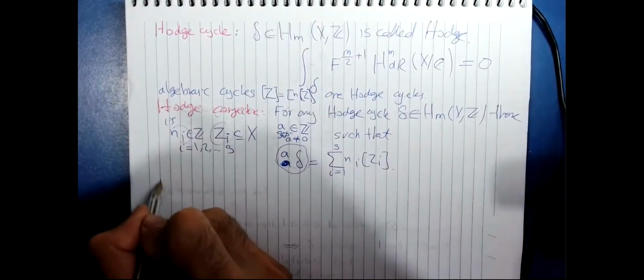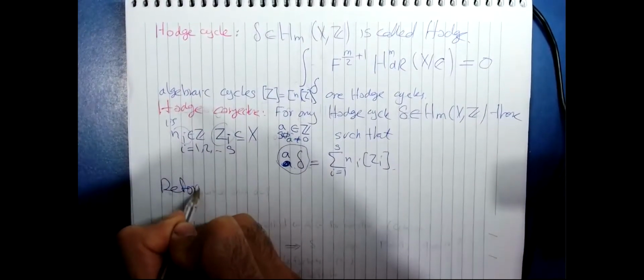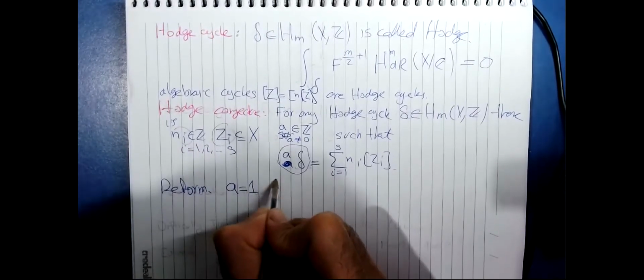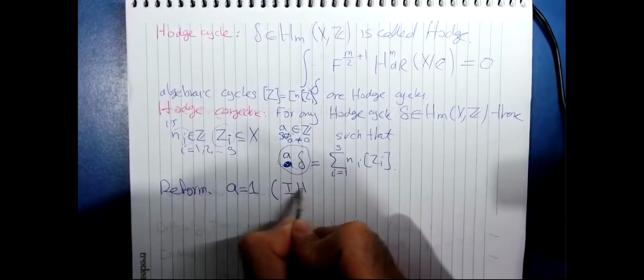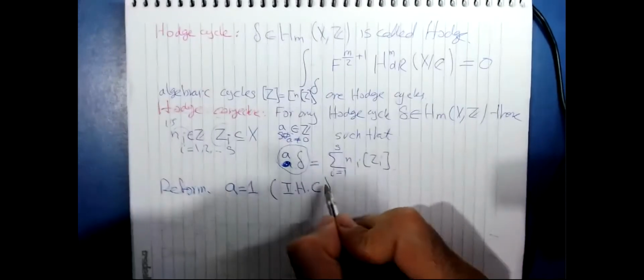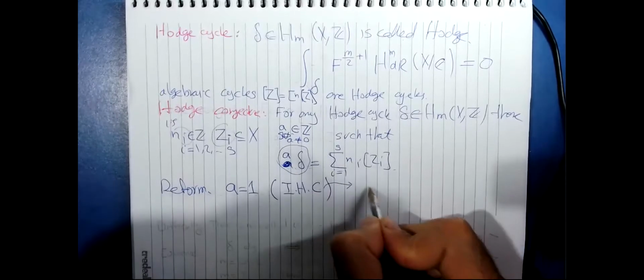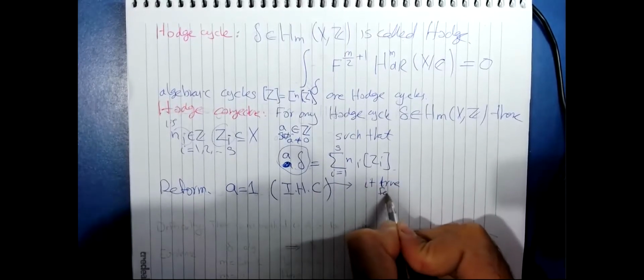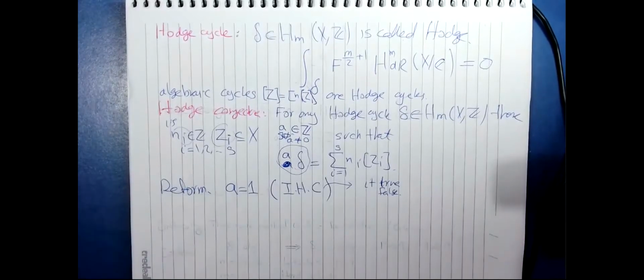As I said, the reformulation of this conjecture with just a equal to 1 is called the integral Hodge conjecture. In general, it is wrong, but to understand in which cases it is true or false is still a great challenge.